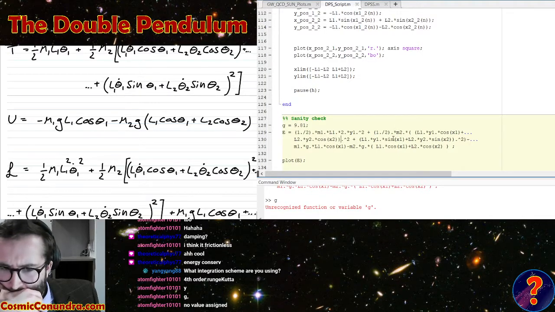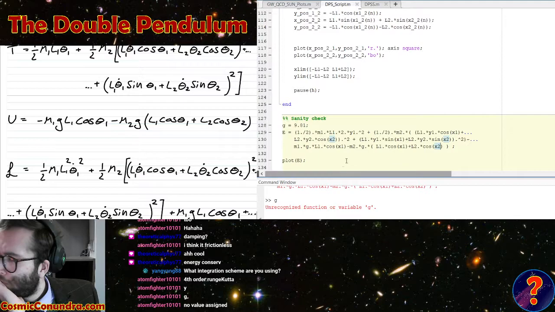Yeah, that's not what that plot should look like. Hmm.